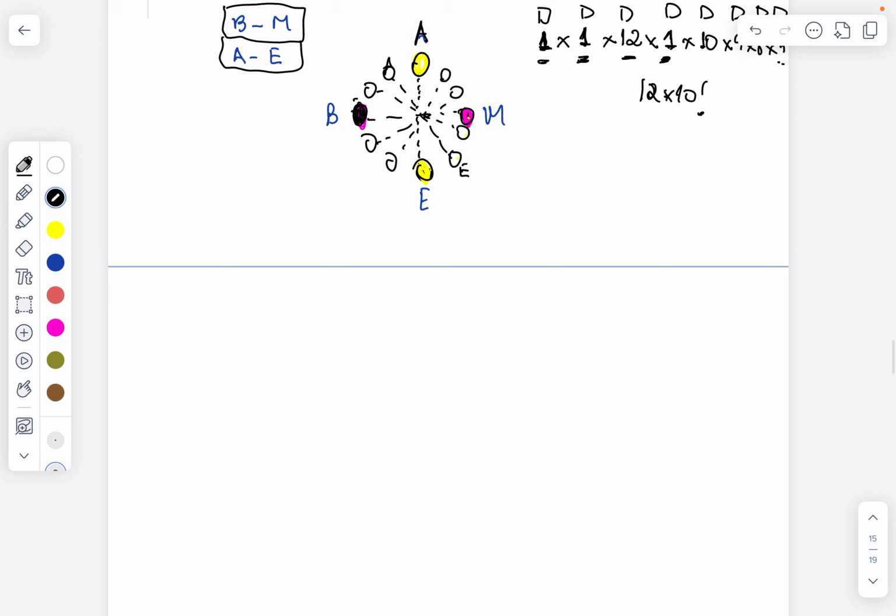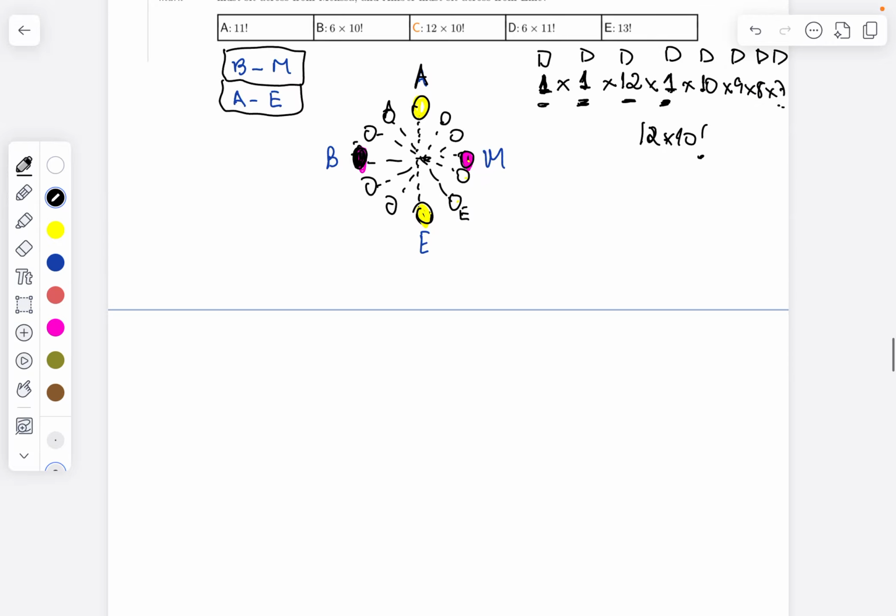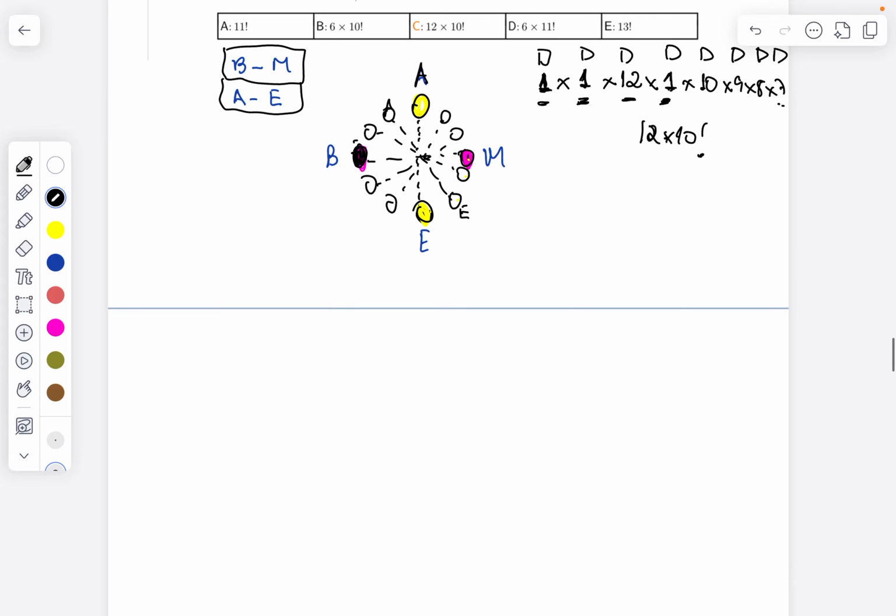Because we have constraints, let's sit all of my constraints first. Like I say, okay, guys, because you have constraints, can you please sit in your positions? So A, E, B, M are taken, okay?